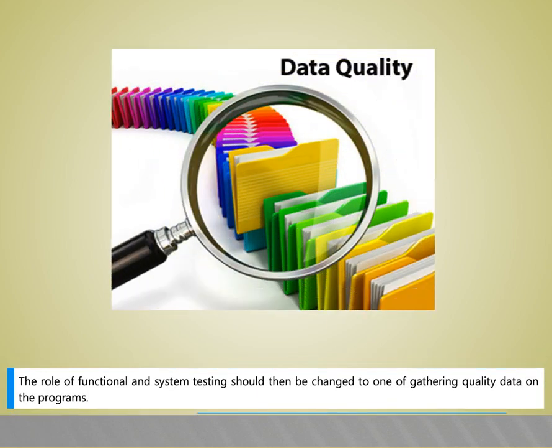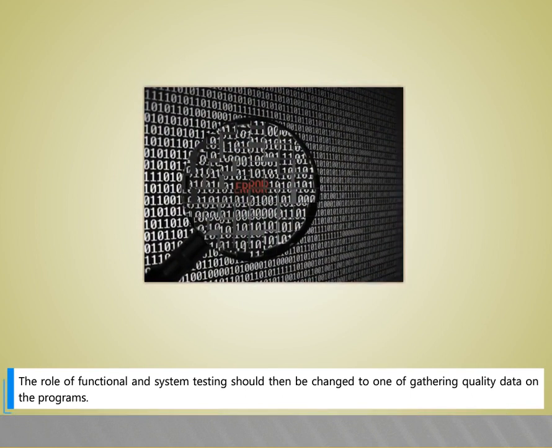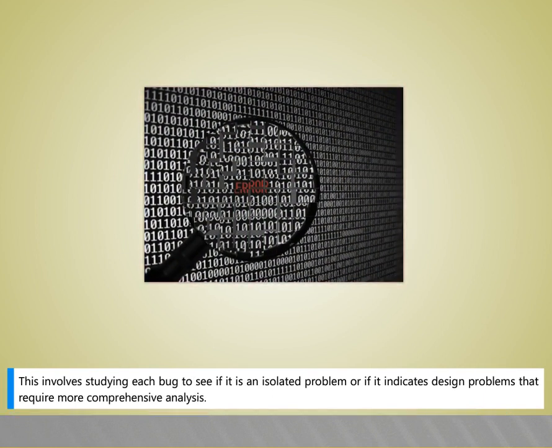The role of functional and system testing should then be changed to one of gathering quality data on programs. This involves studying each bug to see if it is an isolated problem or if it indicates design problems that require more comprehensive analysis.